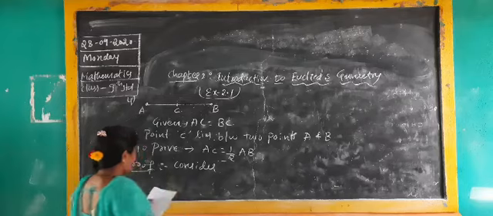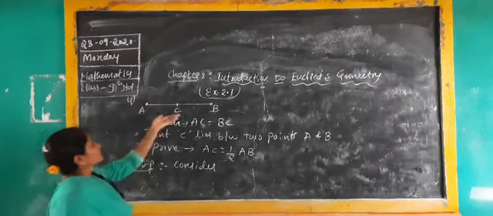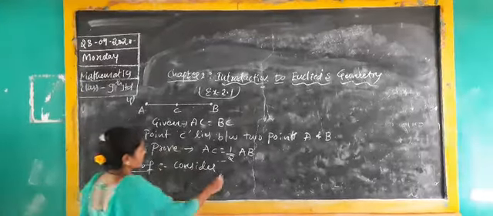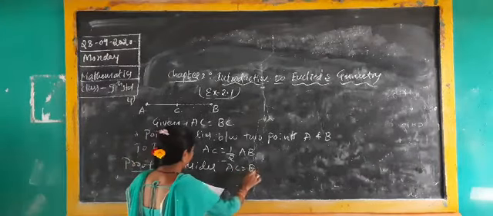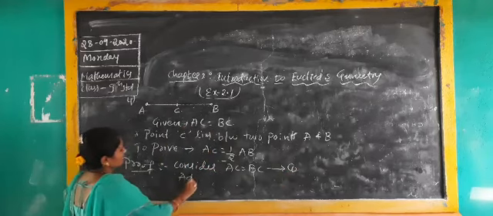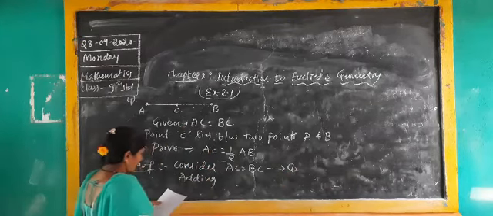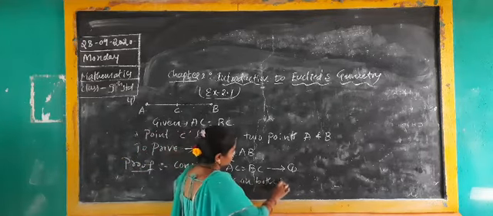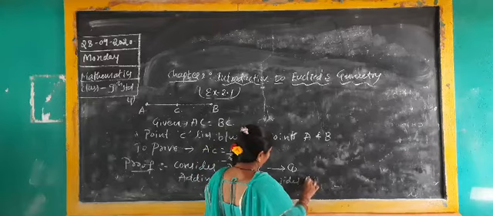Consider this diagram. Here AC is equal to BC. Whatever they are given, that you take and solve. Consider AC is equal to BC, put equation 1. Next line, adding AC on both sides of equation 1.